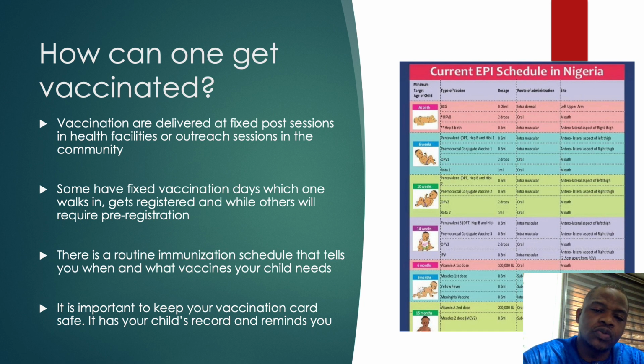So these are fixed posts, a particular venue that doesn't change. Then they have particular days of the week you go there, or all days of the week, depending on how the program runs. And then you have the outreach sessions, where the health worker moves out from that post into the community or designated area just to meet the immediate needs of the people in that area.